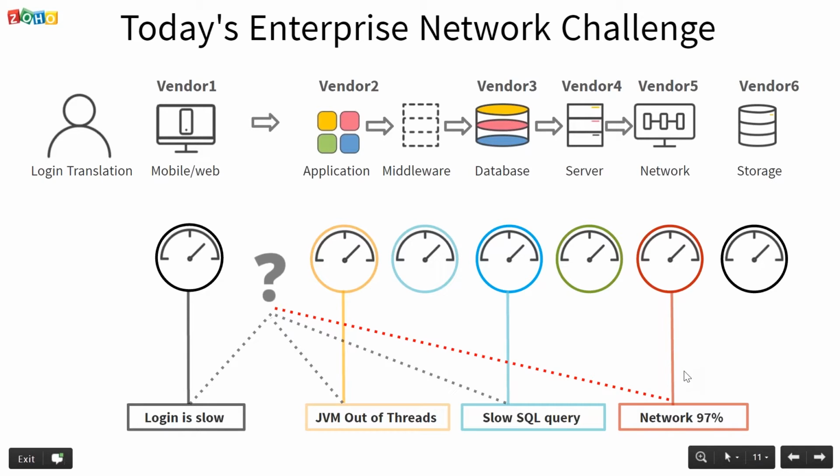Looking at this chart, you can understand that the problem originated from the network. The bandwidth was completely saturated, which is what made the SQL query run slow, which is what made the JVM run out of threads, and which is what the users faced as different problems: slow login, payment error, or even being unable to access the form.